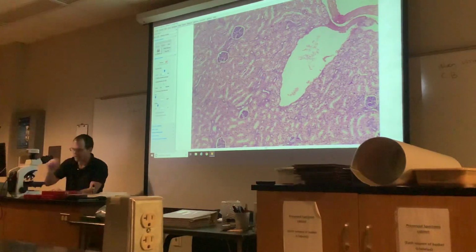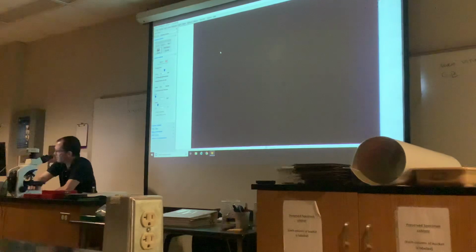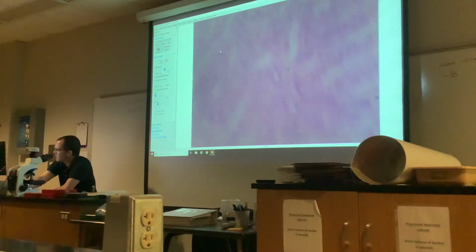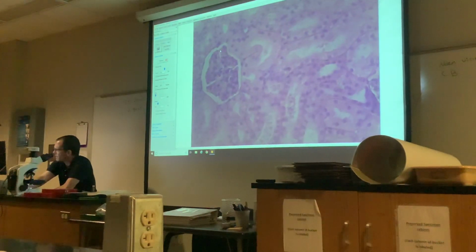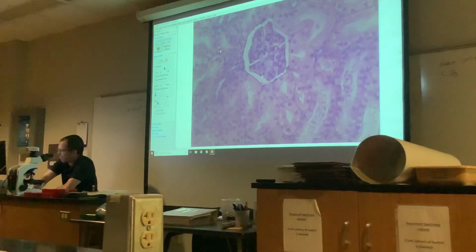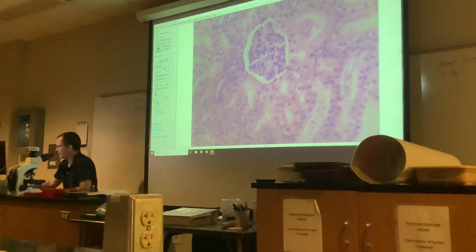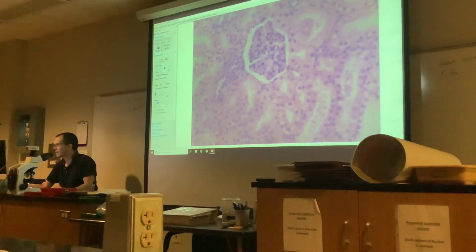And if I zoomed in really close and turned off the lights, I could see the cells that line it are simple squamous epithelium.